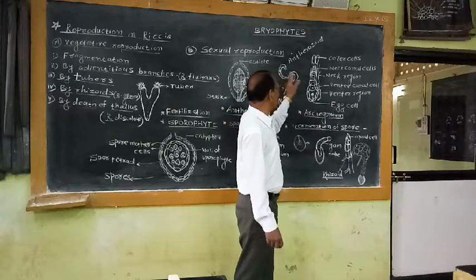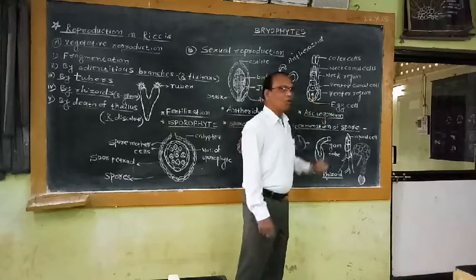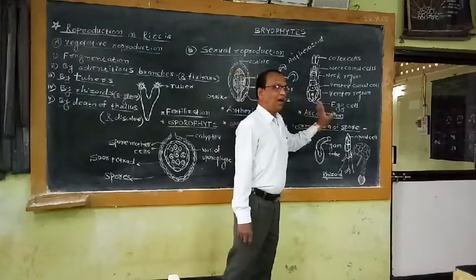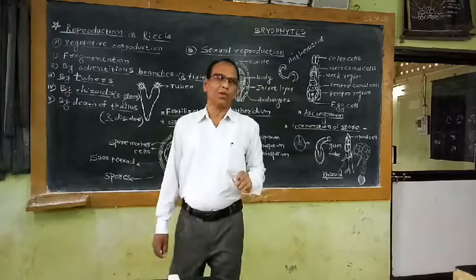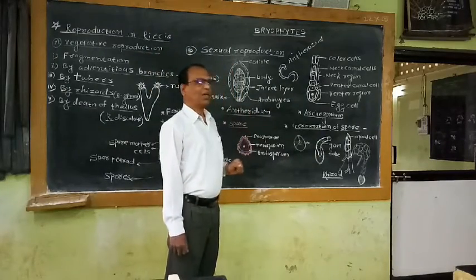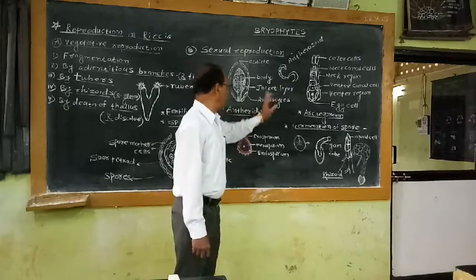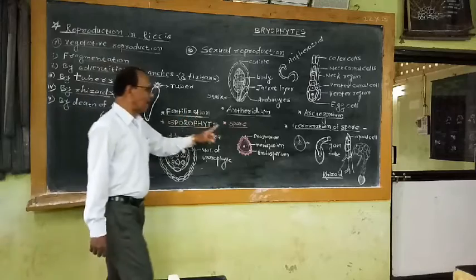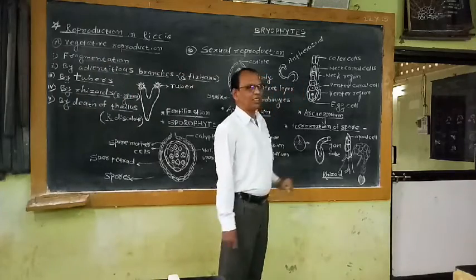After union of this antherozoid nucleus with the egg nucleus, a zygote is developed inside the ventral region, and formation of the zygote is the first stage in the beginning of development of the sporophyte. That means sporophyte development starts in the ventral region itself.